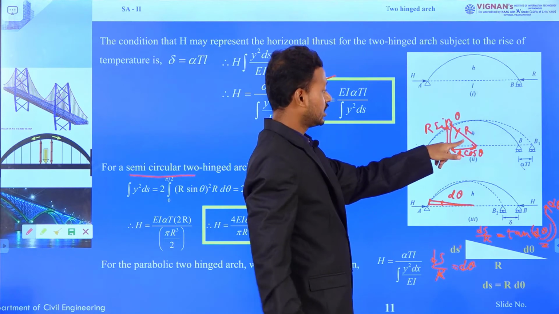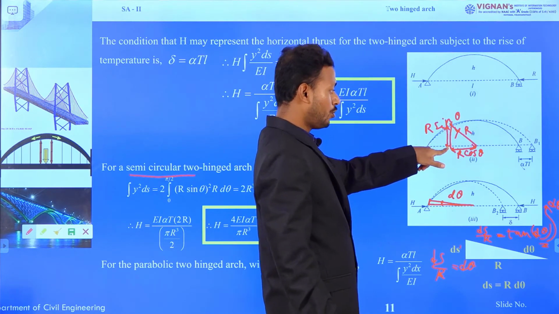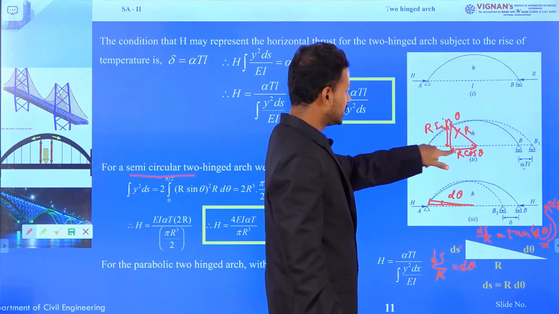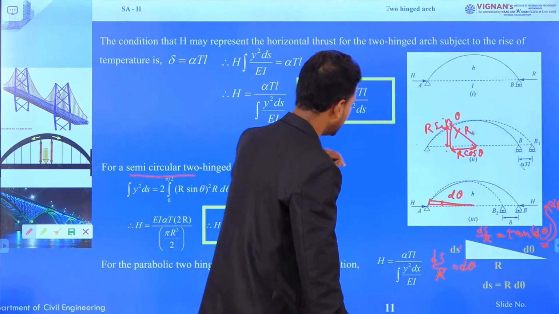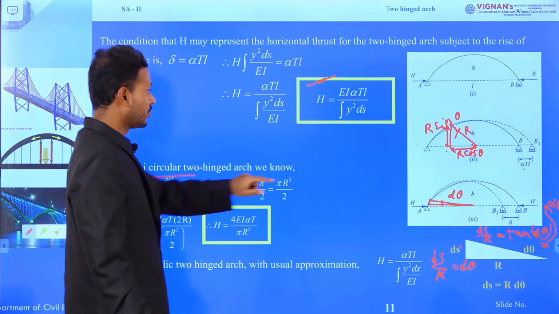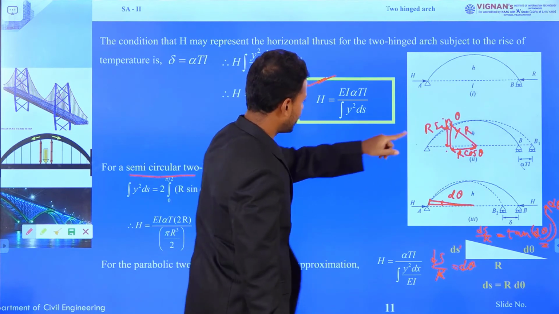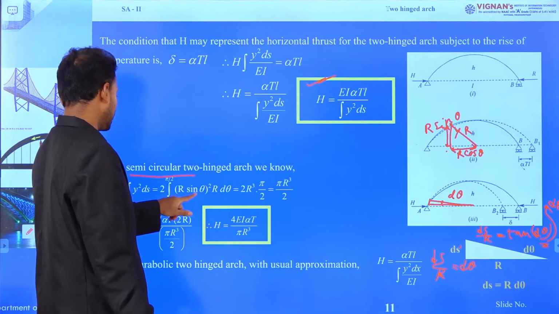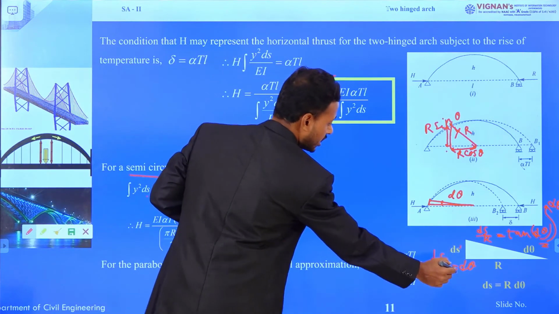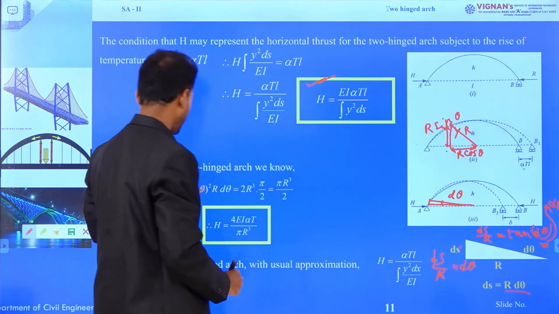So we can replace y as r sin theta, the vertical distance y. So we can write r sin theta whole square into ds. We have determined ds as r d theta, so we put r d theta.